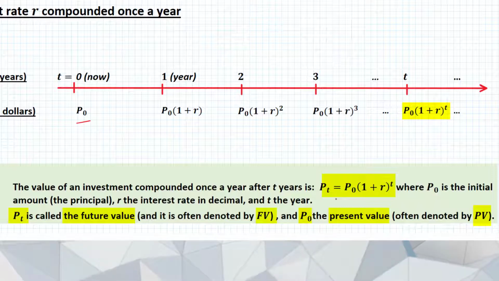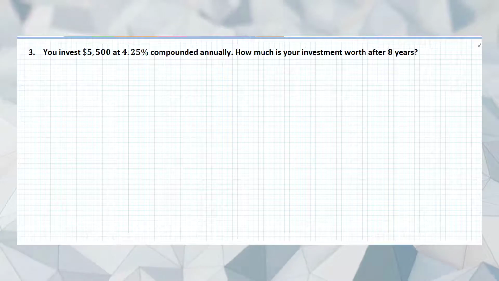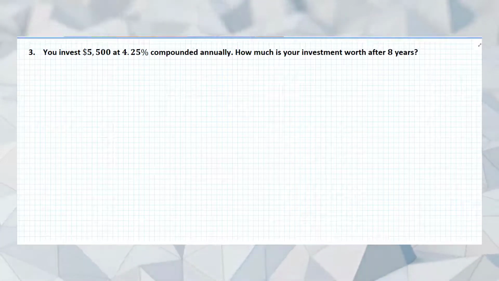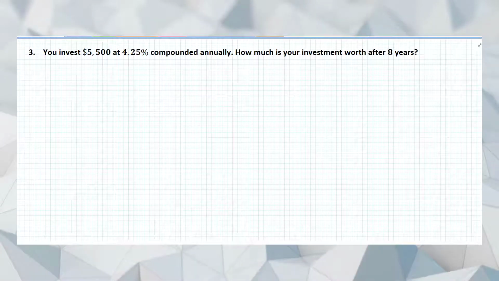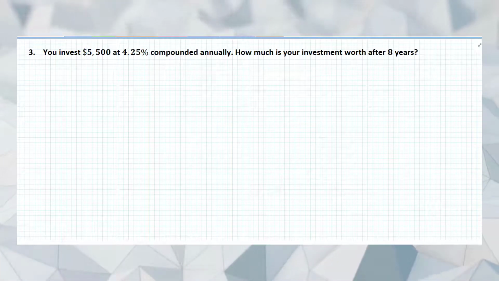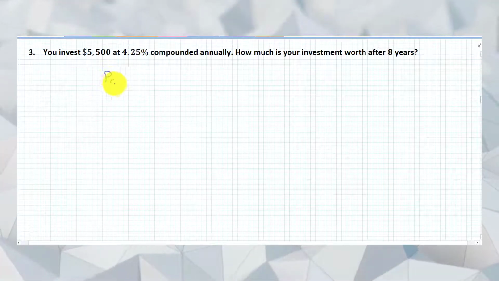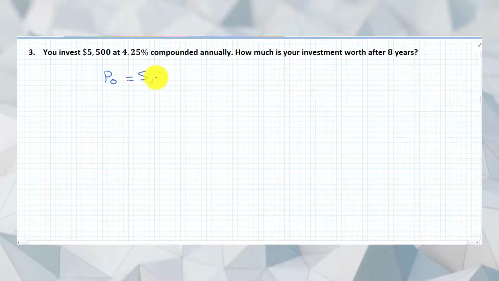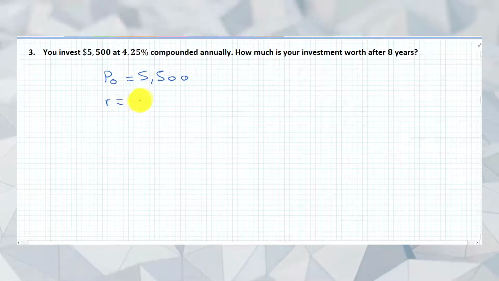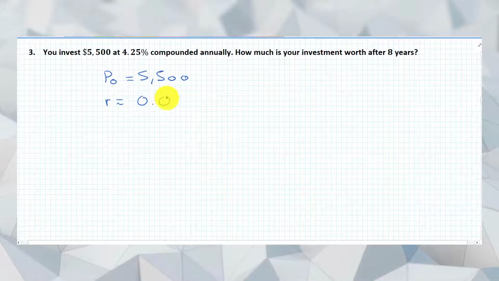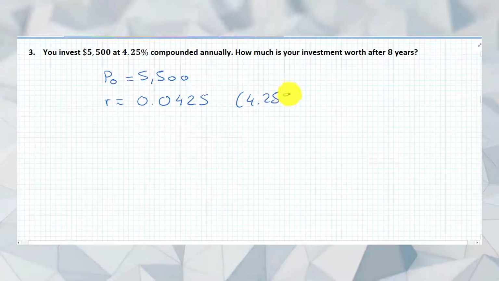Let's go over some applications of yearly compounding. So here's the first example we'll do. You invest $5,500 at 4.25% compounded annually. How much do you have after 8 years? So we're going to apply the formula. In this case, the original amount is 5,500, and r, be careful, we want the decimal form of it, is 0.0425, which is 4.25%.